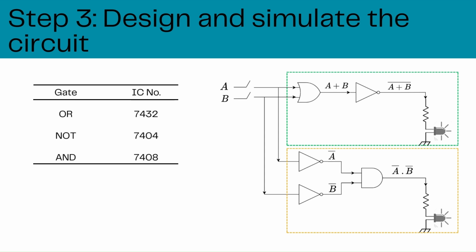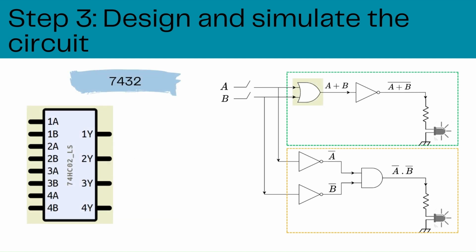The integration of these gates on a single chip allows for compact and efficient electronic devices. In our case, the ICs available for different gates are shown in this table. IC 7432 is a 2-input OR gate, IC 7404 is NOT gate, and IC 7408 is 2-input AND gate.